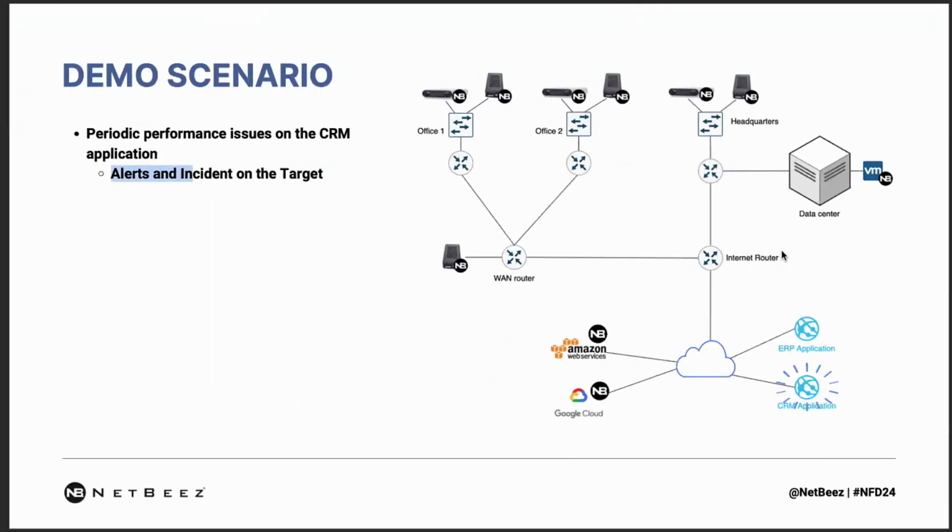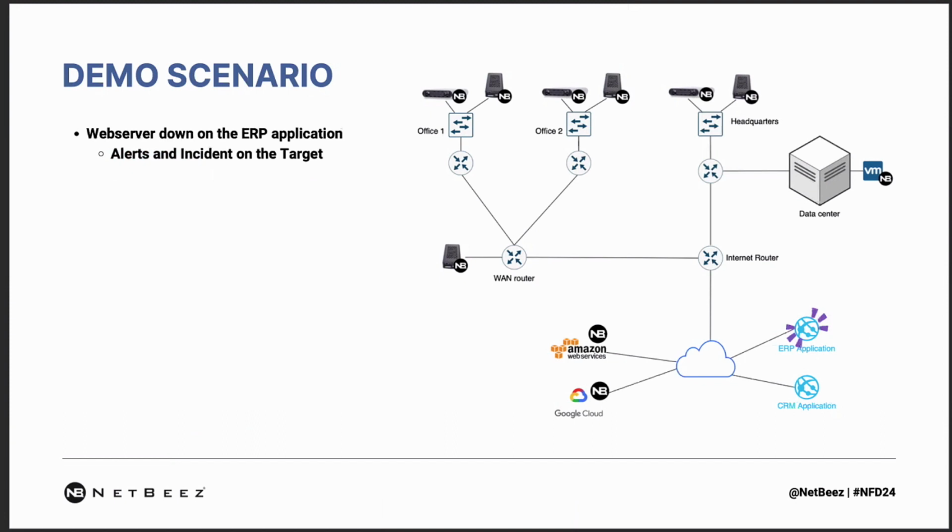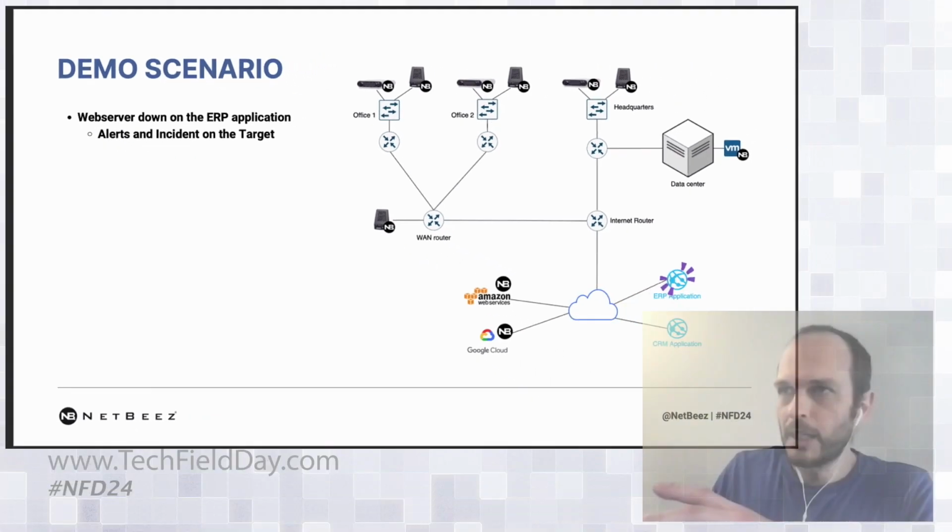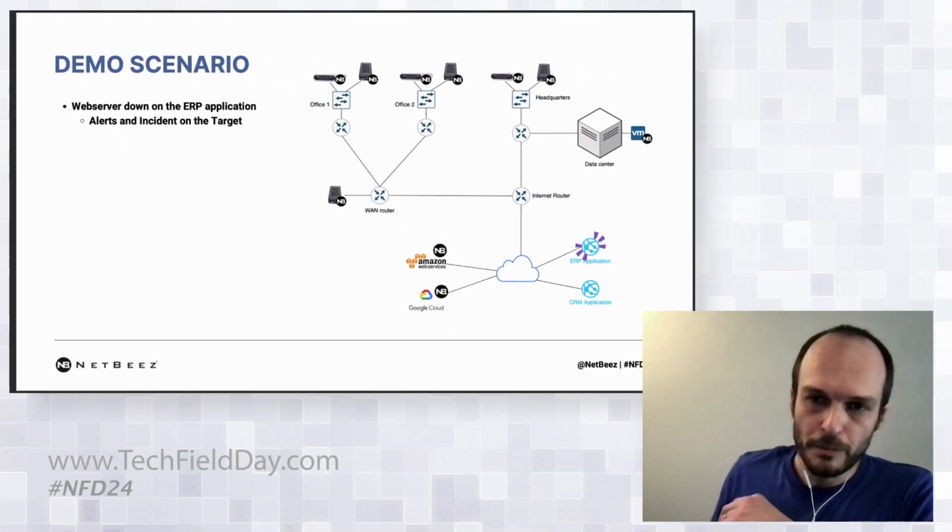And then finally, the next scenario is where our supply chain application web server goes down. We will see again alerts and an incident on the target. So in this case, the virtual machine that is hosting the server is up, but the HTTP server drops.